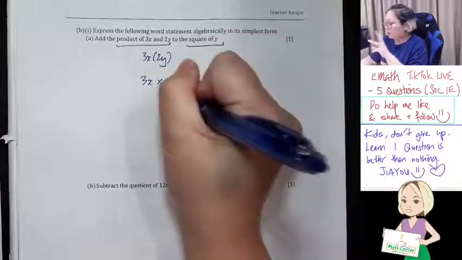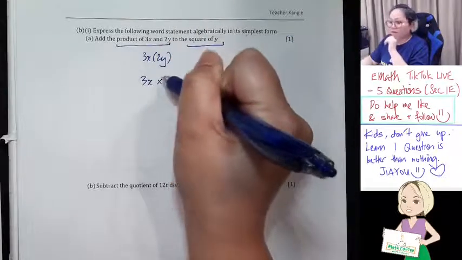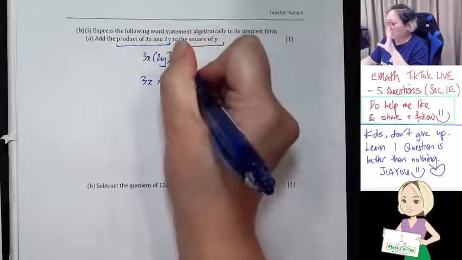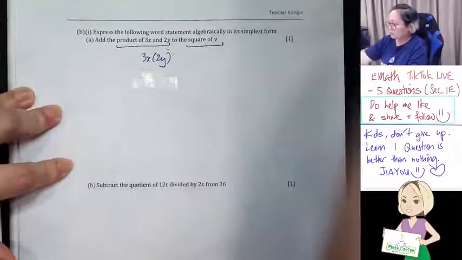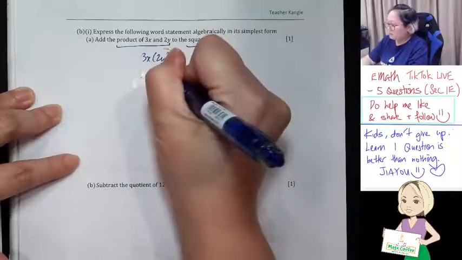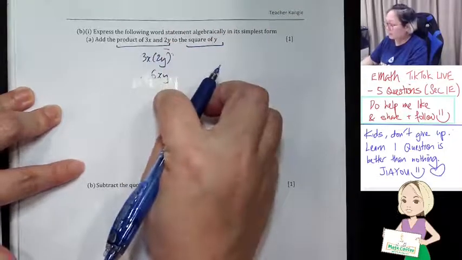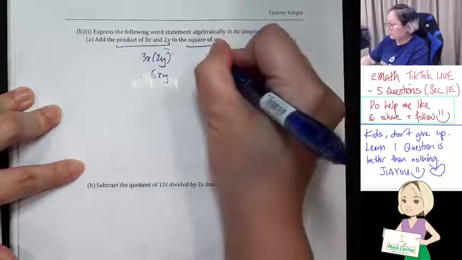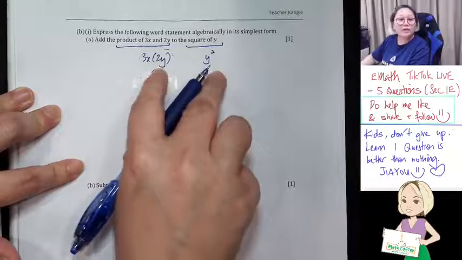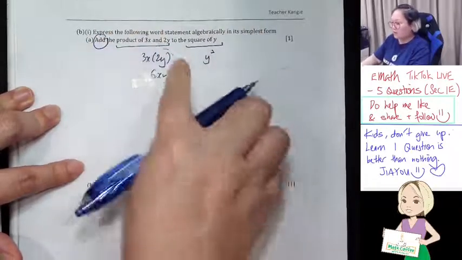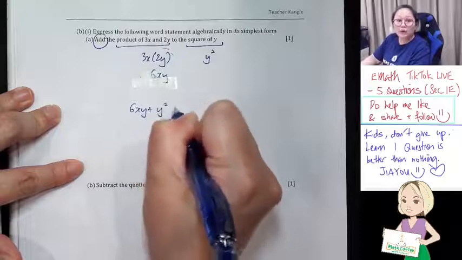Because in algebra, you always have x, right? And the multiply sign is very, very dangerous, so they put it in bracket form. So 3x times 2y will give me 6xy. So that's the product of 3x and 2y. Square of y means it is y squared. Then these two expressions, they say add them together. So the answer is simply 6xy plus y squared. Done.